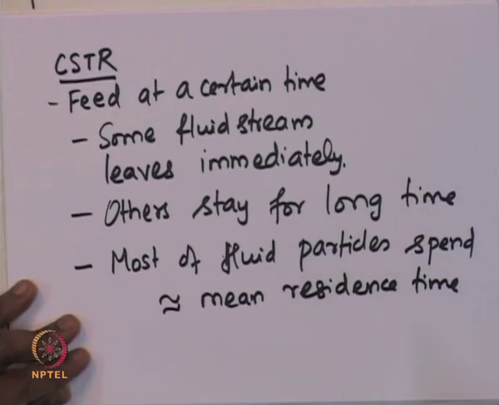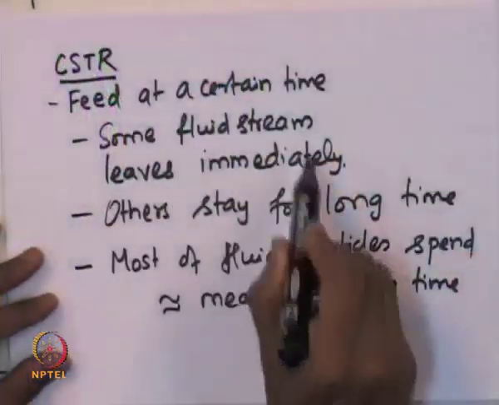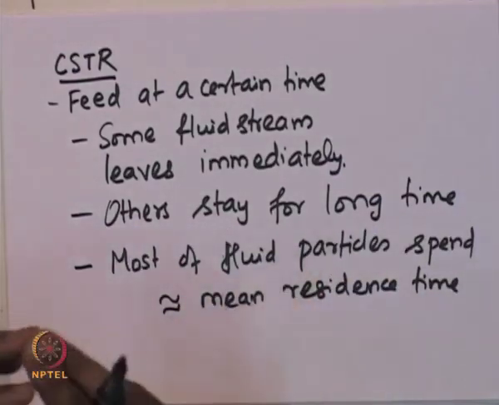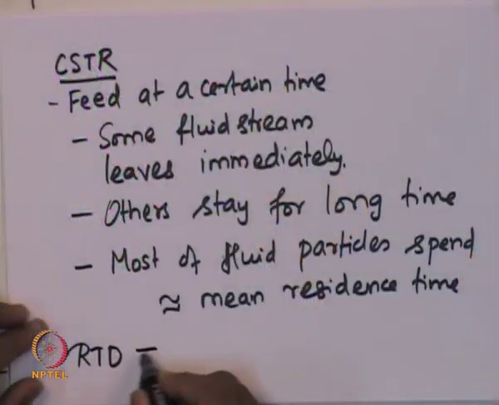So, therefore, the residence time distribution characterizes the extent of mixing. In a CSTR, some fluid stream leaves immediately and the others stay for a longer time, which means that there is going to be a distribution, and the residence time distribution characterizes the extent of mixing inside the reactor. So, that is an important aspect.